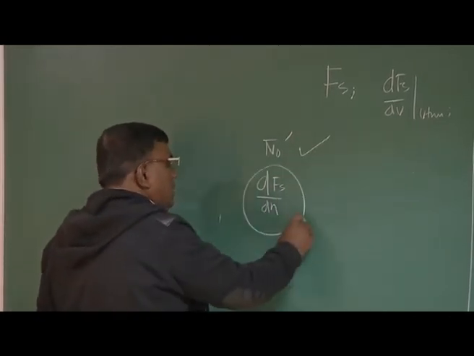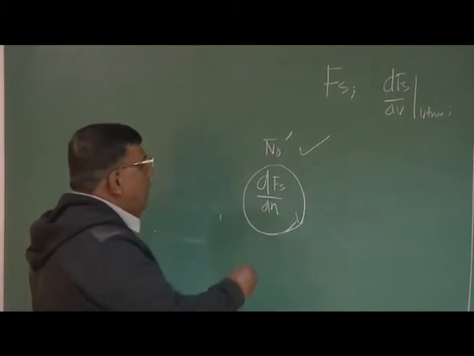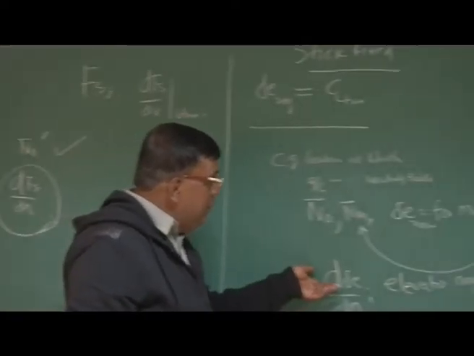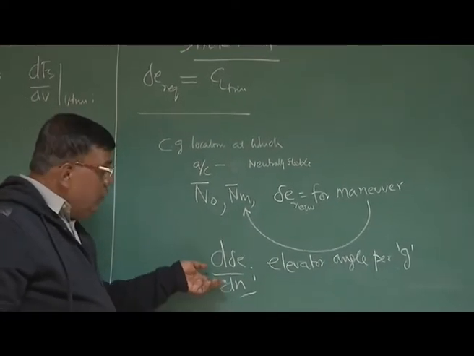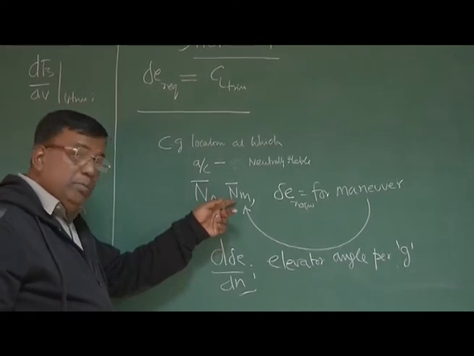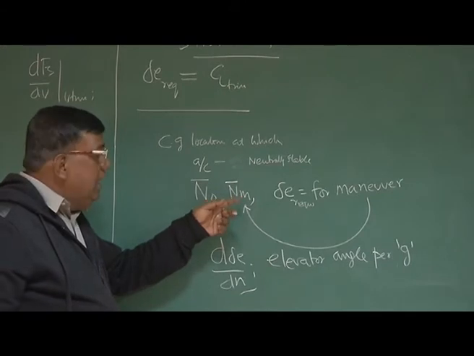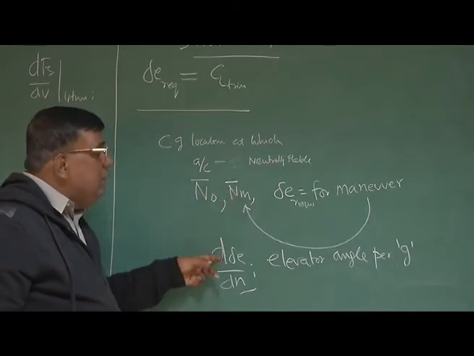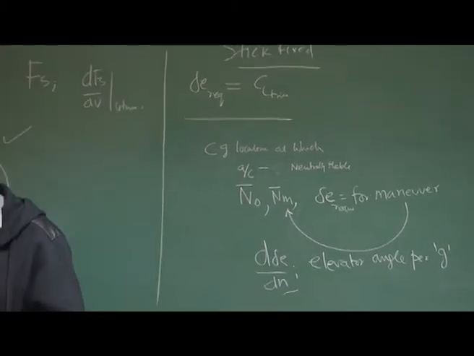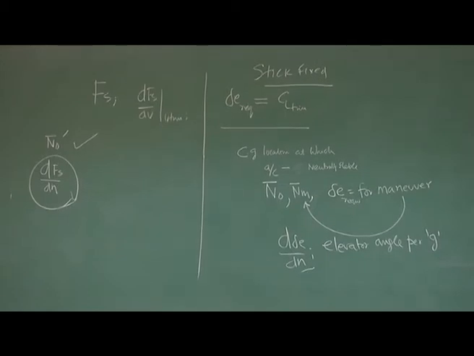So our aim now will be to develop an expression for dFs by dn. We have already developed the expression for d delta E by dn, through which we defined the maneuvering point. What is the maneuvering point? It is the CG location at which d delta E by dn equals 0. Beyond that you want to accelerate the airplane in g, then it is going to have a structural failure.